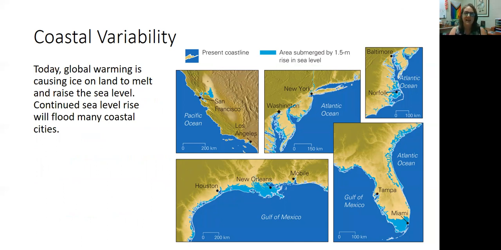So this is an image of what our coast could look like if there were a 1.5 meter rise in sea level. That's like a 4.5 or so feet rise in sea level, which is not completely unexpected by the year 2100. And you'll see, right, if sea level rise continues on the path that it is, our coastline where we live could be underwater.